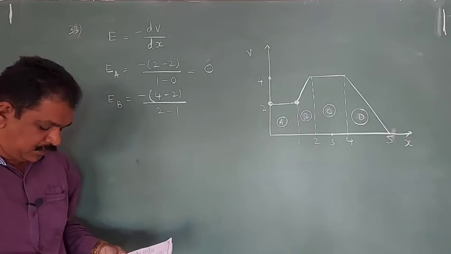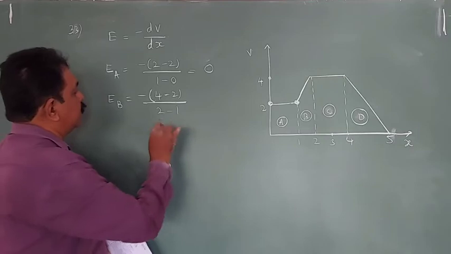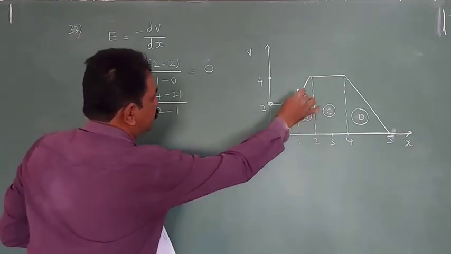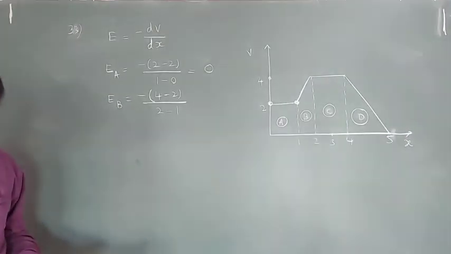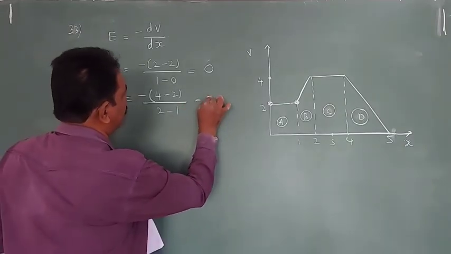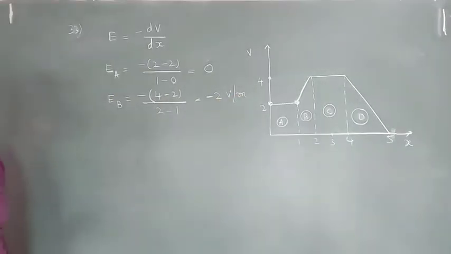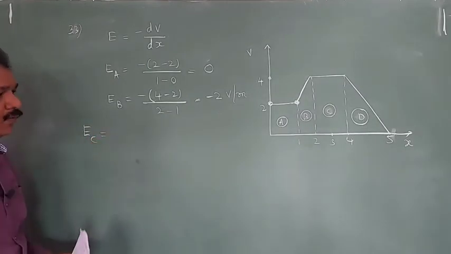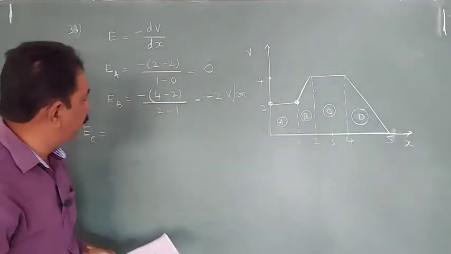Potential difference here, this is 4, this is 2. So this value is minus 2 volt per meter. For C, if we draw, EC is equal to, here 4, here also 4.